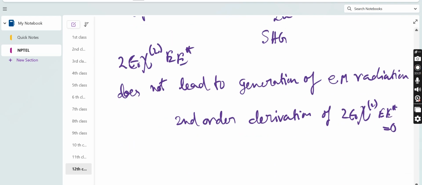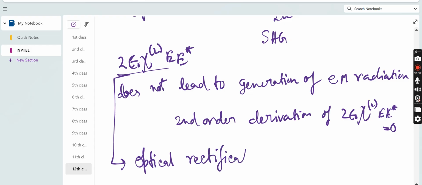So what does it do? It creates another process which is called optical rectification. And always remember, any zero order frequency will not survive the second order derivation, the second order time derivative will vanish.